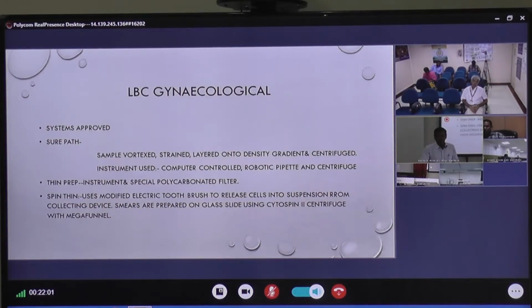So what is the picture of gynecological LBC? You can see that there are many approved systems like SurePath, InPrep, SpinThin, etc. I am not going into the detailed technical aspects of these techniques or systems.